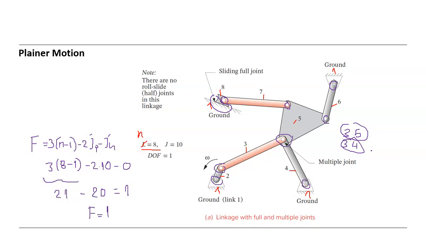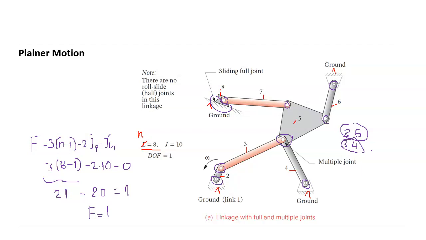But there are some exceptions in the mechanism, and you will see in some cases we have degree of freedom 0, but the mechanism can run.